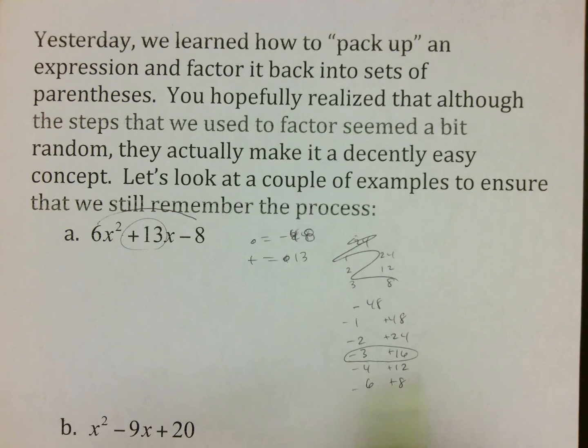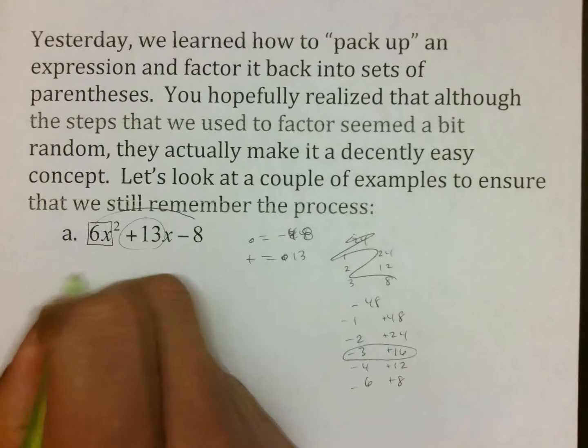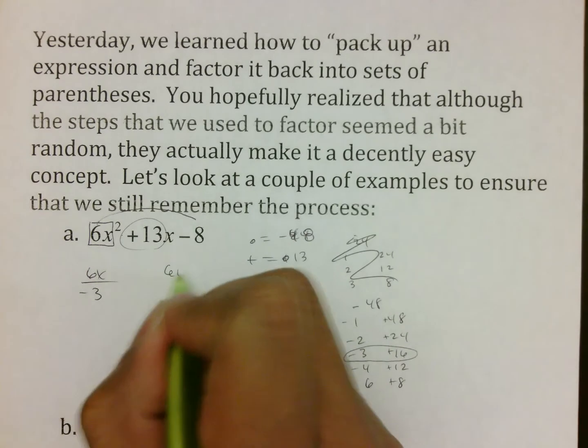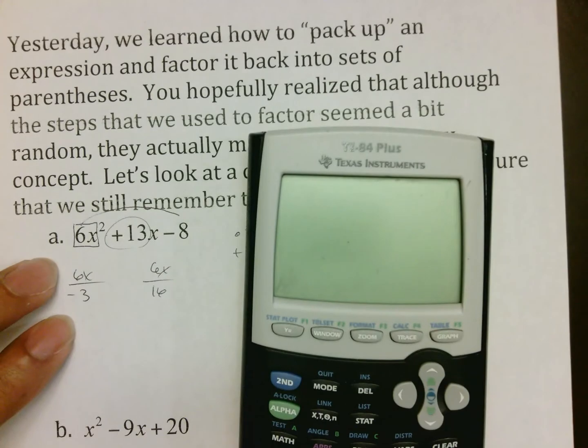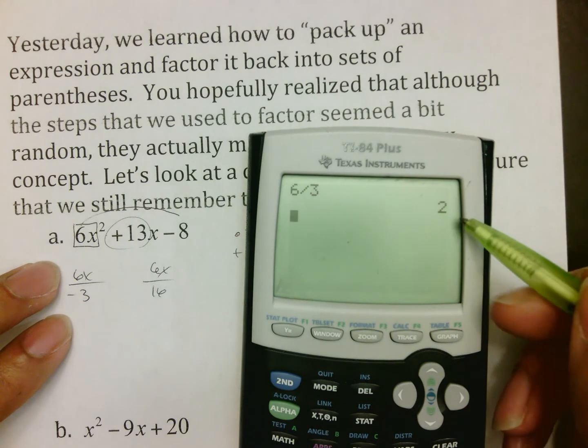And what we learned yesterday was we take just this portion of the number and we put it into two fractions. So 6x over negative 3, also 6x over 16, and we reduce those fractions. I'm not going to use the negative because there's no need. I'm just going to do 6 divided by 3, which gives me the answer of 2.